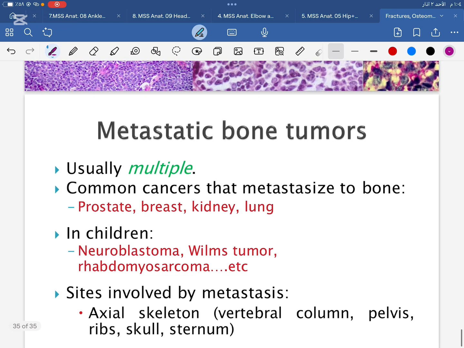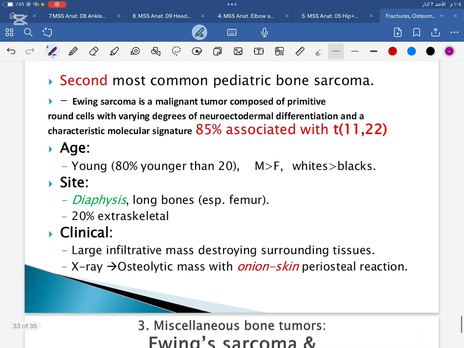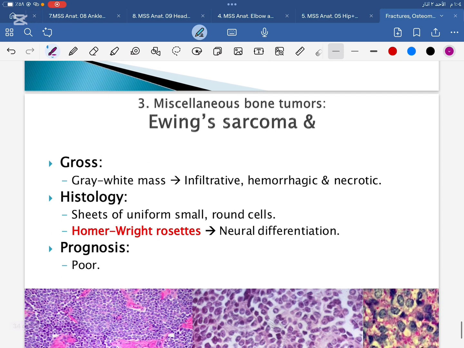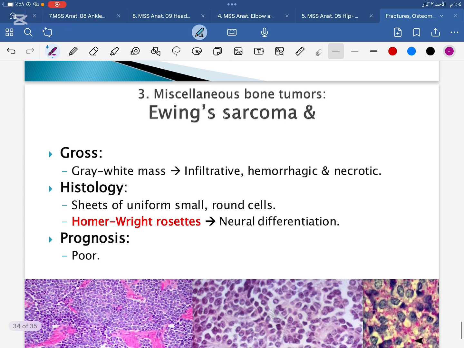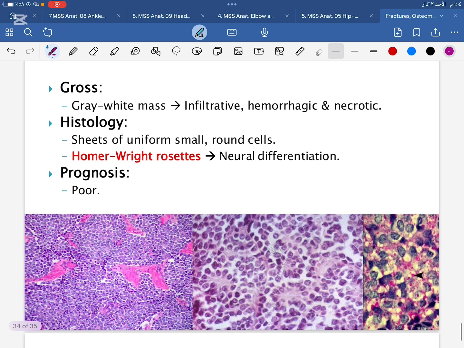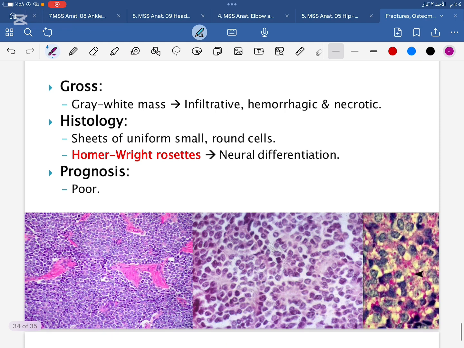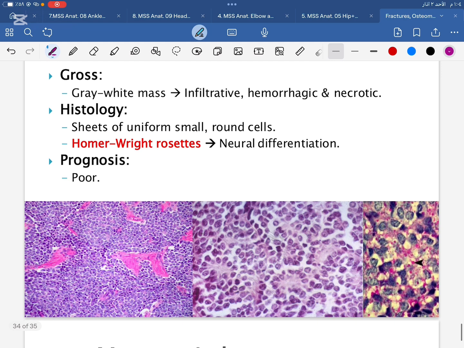Okay, under the microscope we'll see sheets of small round blue cells. في تحت هذا الround blue cell tumors many tumors بيجوا تحتهم نفس الdescription. One of them is Ewing sarcoma. تكون small round blue cells، النيوكليوس كبيرة مثل شكل الليمفوسايتس. Okay, sheets of round uniform small cells.